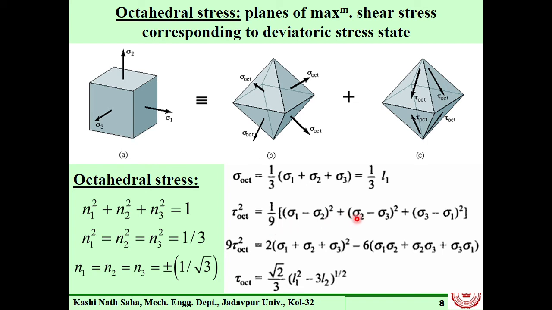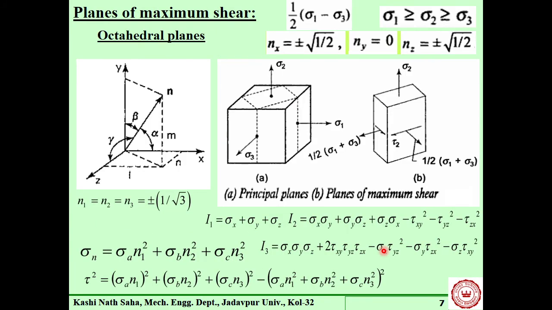And from there, tau octahedral is root 2 by 3, and what are these quantities? This is our I1, the first invariant, and this is the second invariant, right?